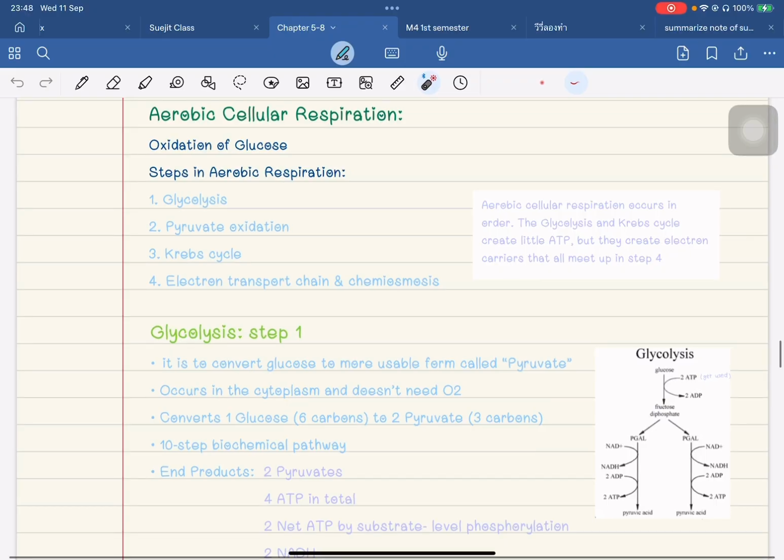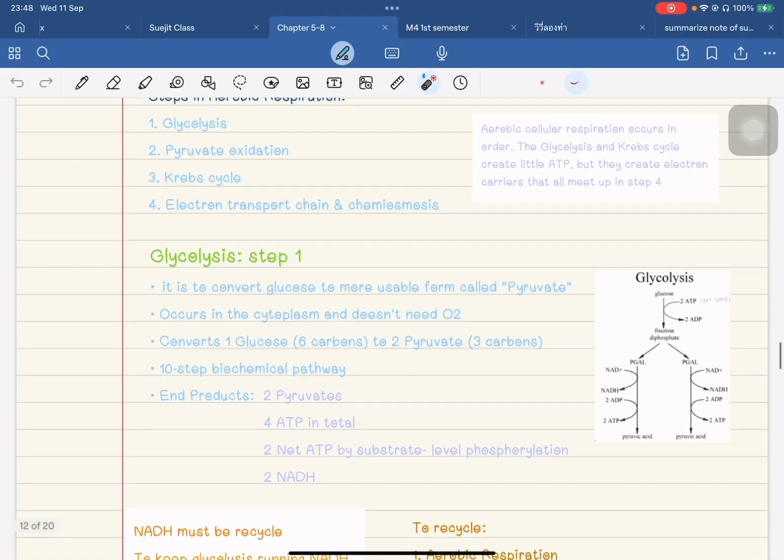The first step is glycolysis. It converts glucose to a more usable form called pyruvate. This occurs in the cytoplasm and doesn't need oxygen. One glucose, which has 6 carbons, is converted into pyruvate, which has 3 carbons.